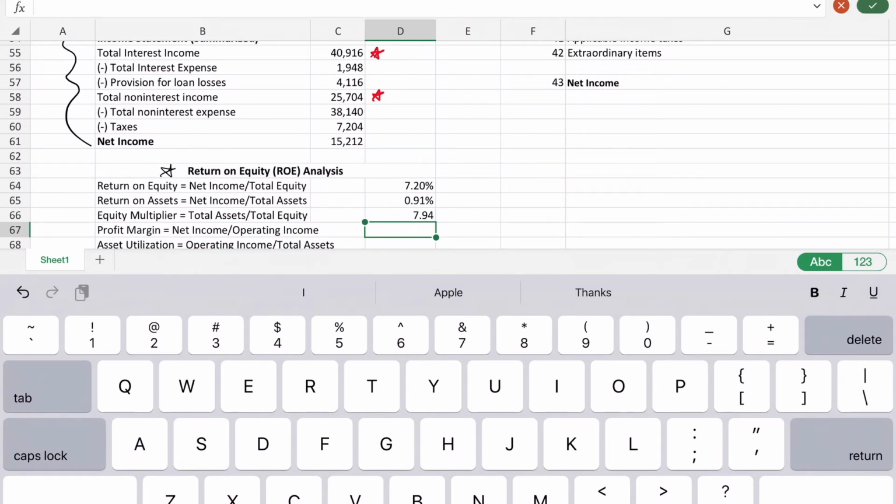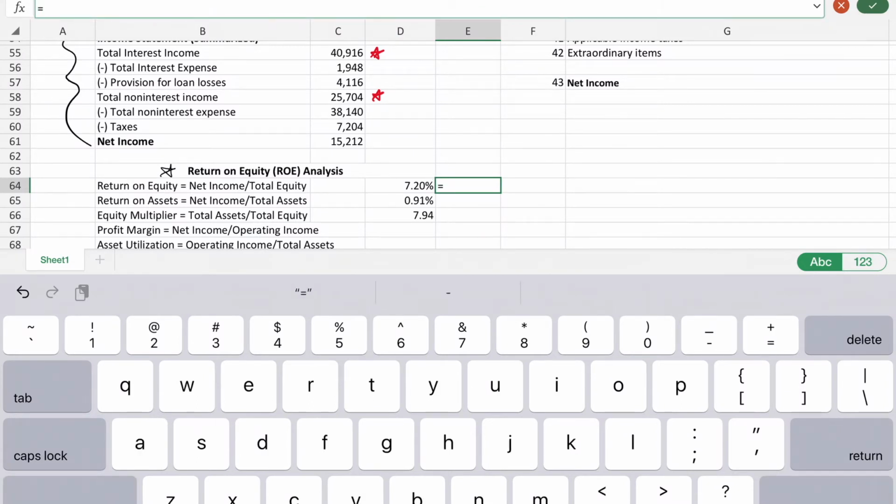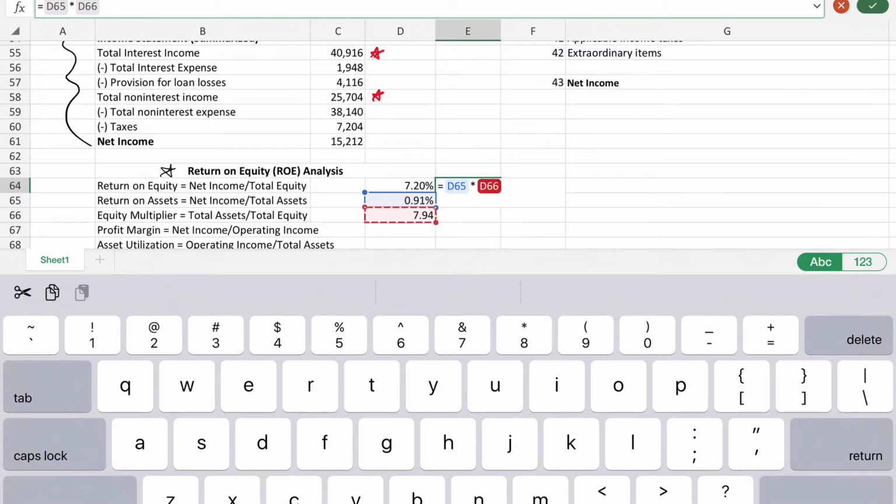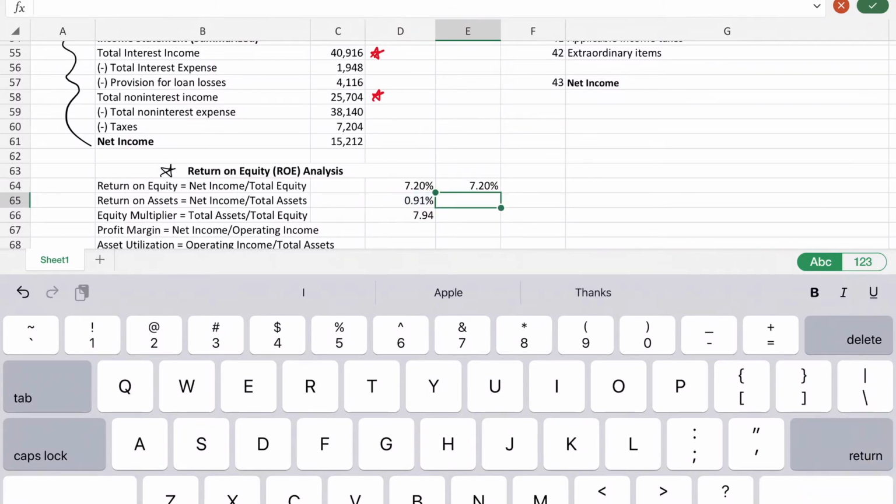What I want to do now is reinforce that first step of the DuPont that we did earlier in this lecture, where I broke down ROE into ROA times the equity multiplier. Let's showcase that that is indeed true. If I take ROA and multiply it by the equity multiplier, I should get the ROE value, and you can see that I get the same thing.